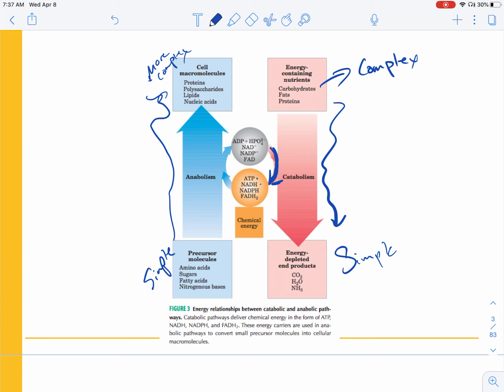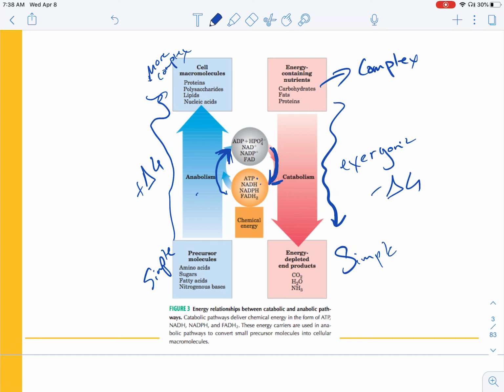So catabolic processes tend to be exergonic. They have negative delta Gs, and they are used to drive anabolic processes that have positive delta Gs. The energy of ATP, NADH, etc. is used to drive anabolic processes. You form the low energy counterparts to each of those, which get recharged by catabolic processes.